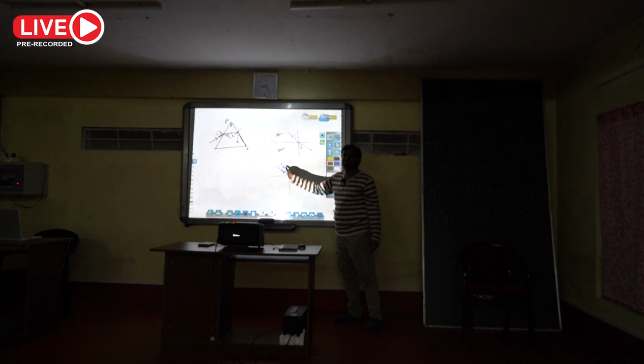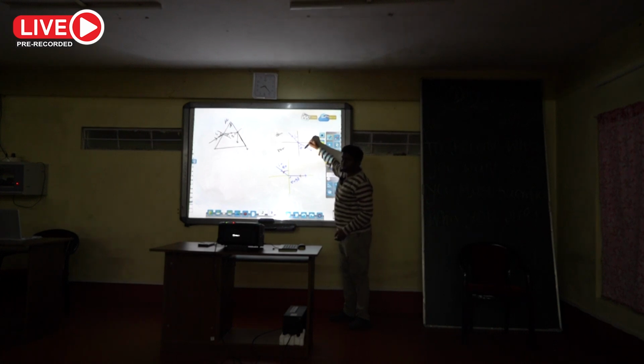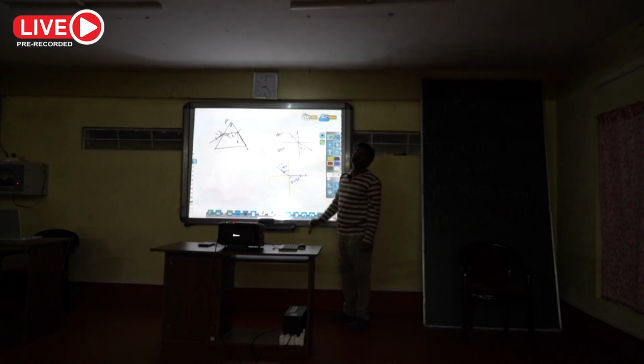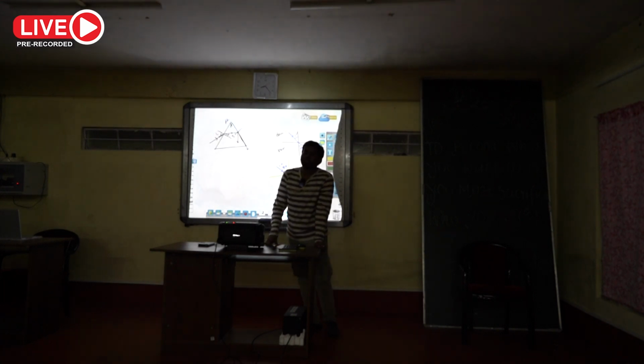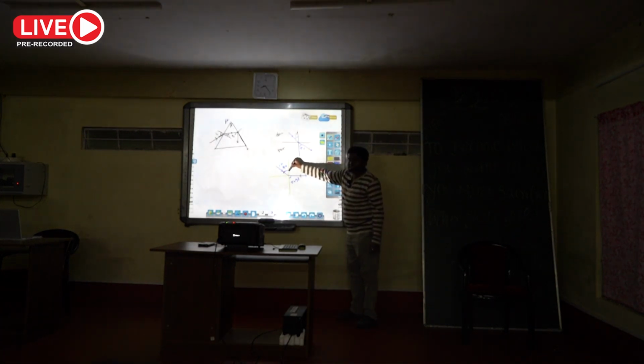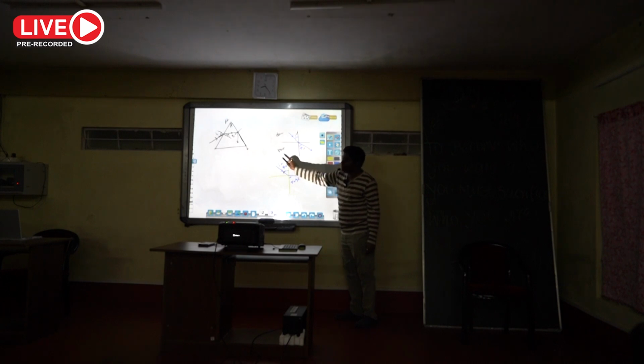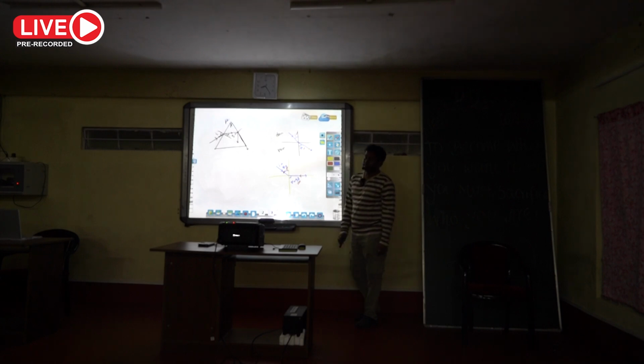So the angle of refraction will become the critical angle, because i and r are reversed. See, when light comes from denser to rarer, this is i, this is r: angle of incidence, angle of refraction. If I change the direction of the light ray, this r will become the angle of incidence and i will become the angle of refraction. Similarly, i equal to theta c is the angle of incidence and light is parallel to the interface, so we consider that the angle of refraction becomes 90. We apply reversibility and say that it will follow the same path; then this one is the angle of incidence, it becomes 90, and the angle of refraction becomes equal to the critical angle.